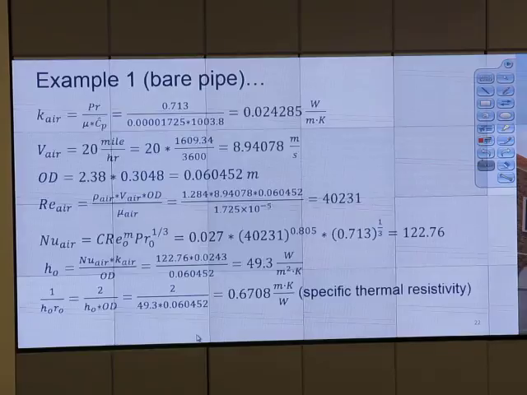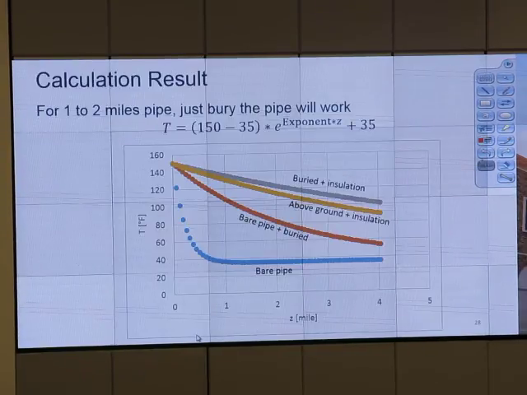Let's take a look at the temperature profile. We get something like this, right? No insulation, so you get that. So what happens to oil viscosity when temperature goes down? Does it increase linearly or exponentially?